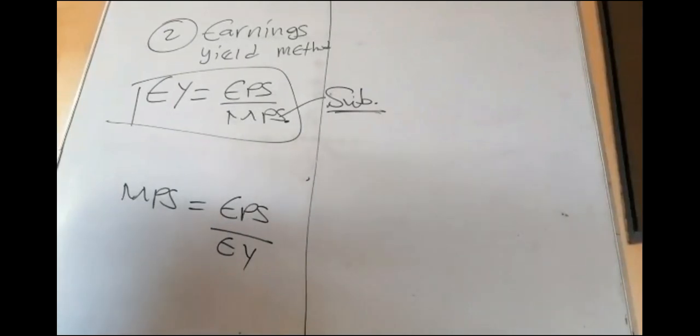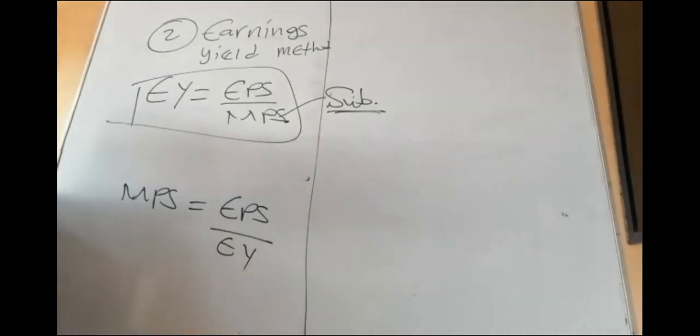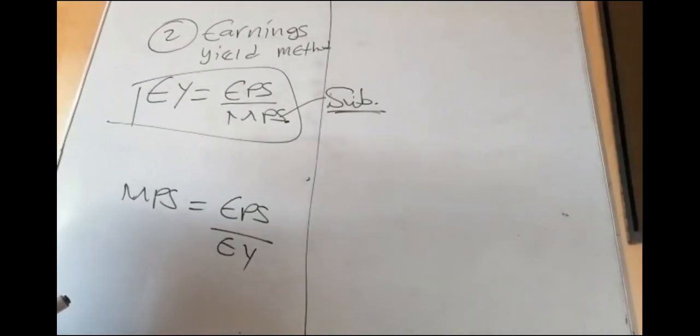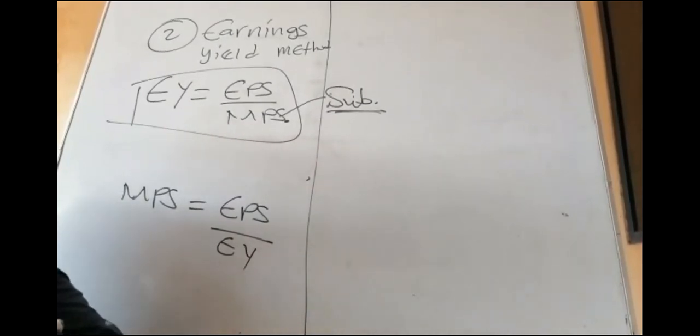Now, we have only 3 steps to go through to get the market price. There is a danger: we cannot get earnings yield for an unlisted company, and most valuation questions will be for unlisted companies.